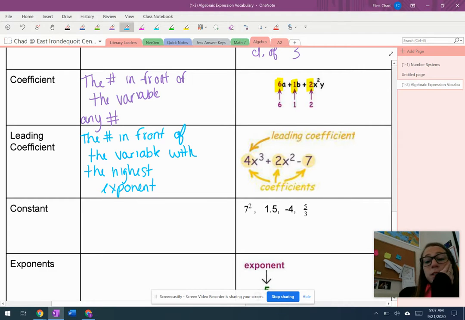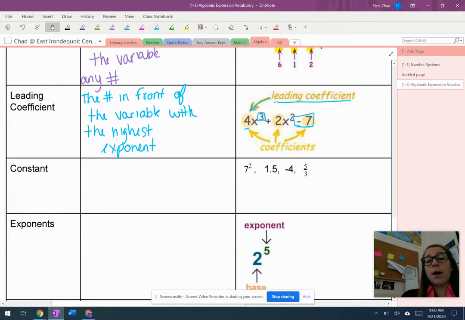So you'll see in this example here, this has a degree of 3 because that's the highest exponent, which makes the leading coefficient the number in front of that variable, which is the 4 that they're pointing out. 4, 2, and -7 actually, are all coefficients also, but 4 is the leading coefficient because that's the one in front of the highest exponent.